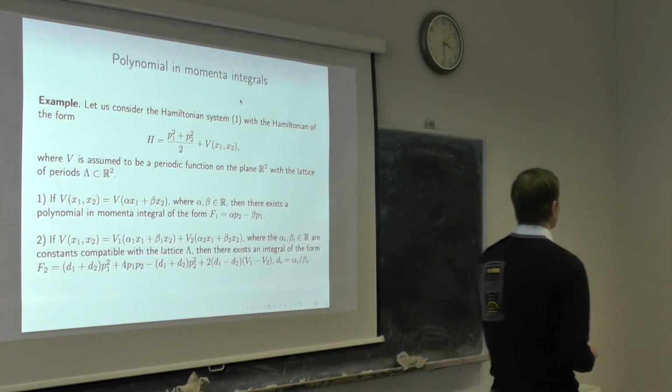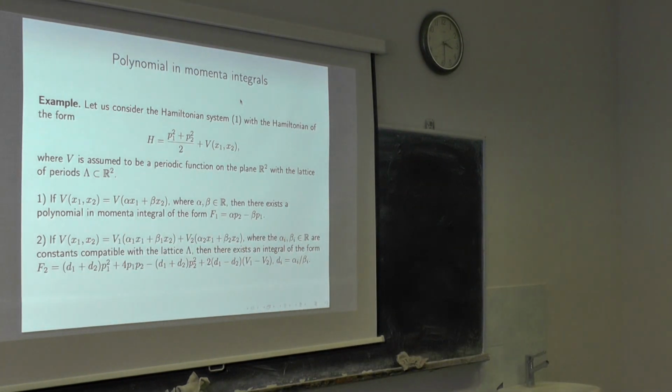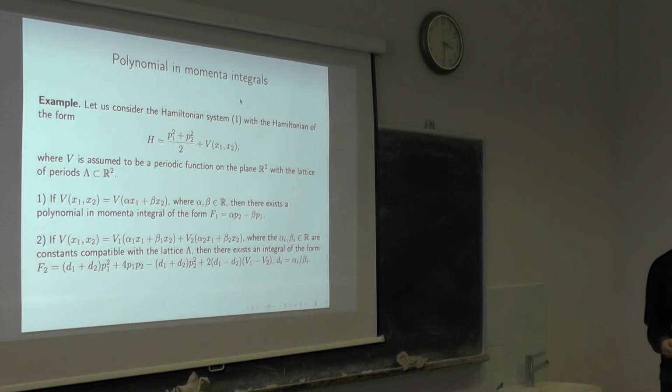We may restrict ourselves to just the sphere and torus, and let us consider the Hamiltonian system with a Hamiltonian of such a form. It means that our metric is Euclidean, and our system is defined on a two-torus.